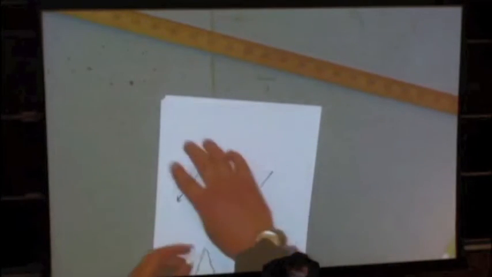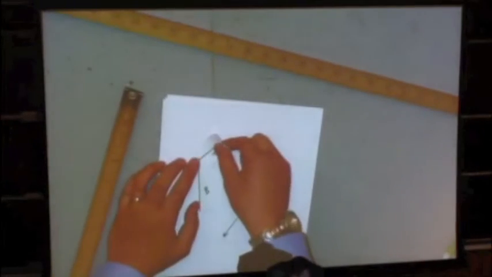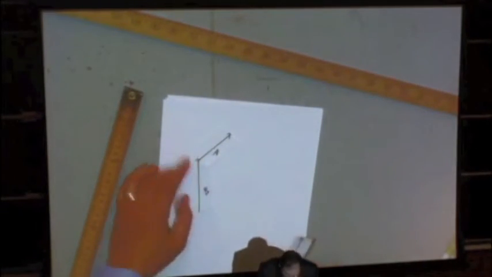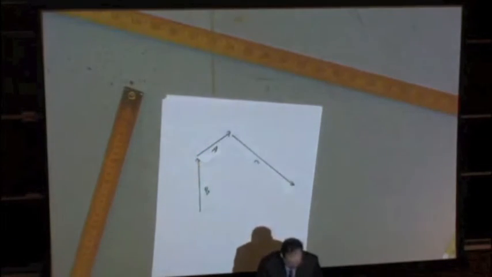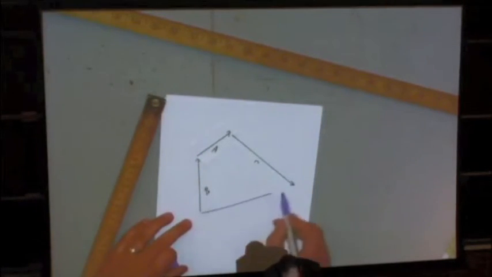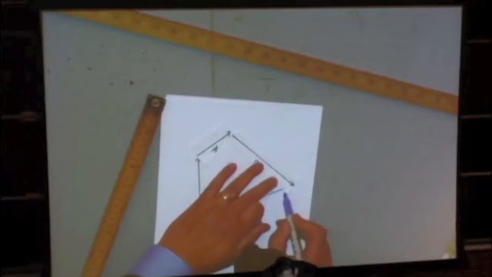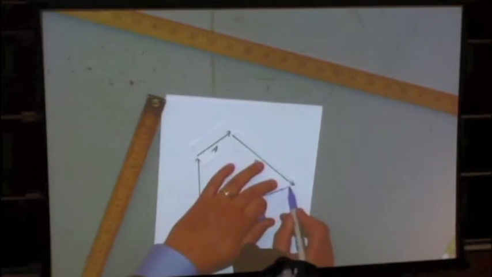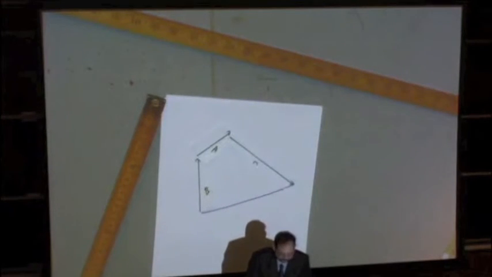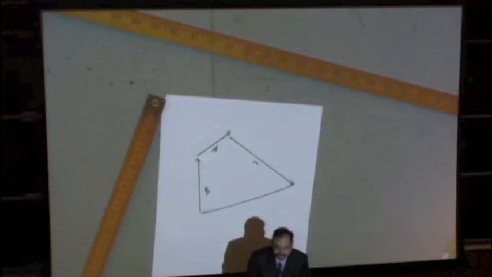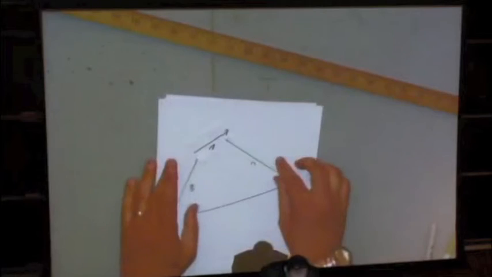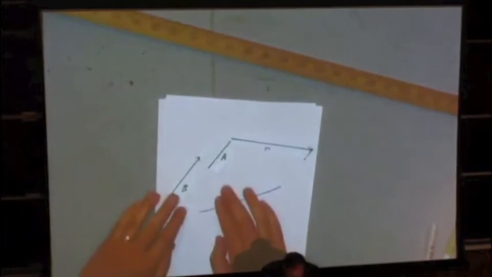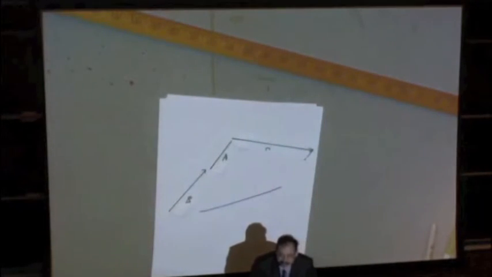Let's say A plus B. That could be my A plus B, and that could be my A plus B plus C. What would be my resultant? Well, can I make it any longer? Yeah. So how? For example, like this. That will be my next resultant, longer.